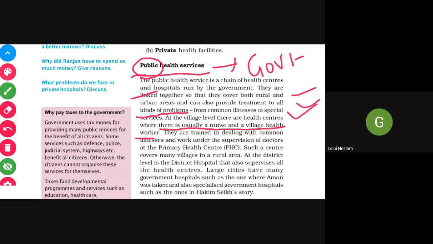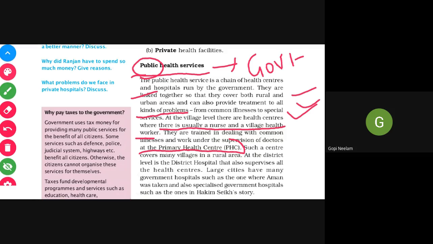At least these two people should be available for all the villages, like Dadigi, Eklara, Rajula, for treating the people. These people will be monitored by the doctors who are in the primary health center.